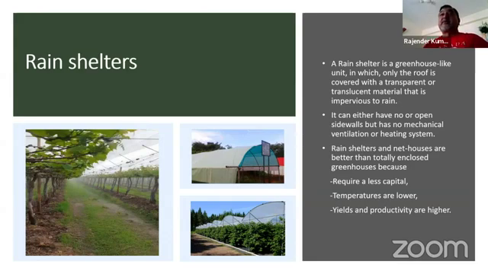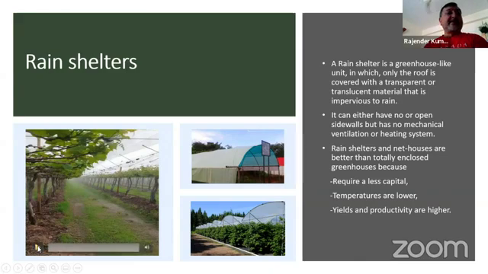They are like a greenhouse-type structure covered with plastic, but there is no side wall. That is why it is called a rain shelter, just for protection against rain or hailstorm. The sides are normally open here.